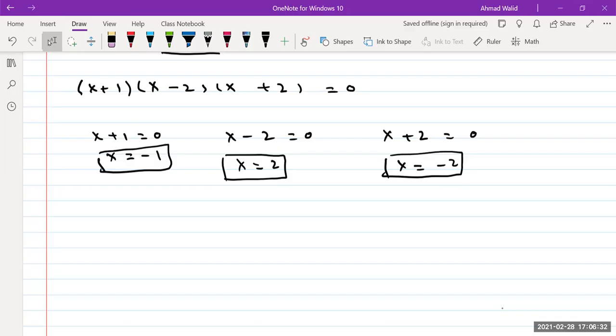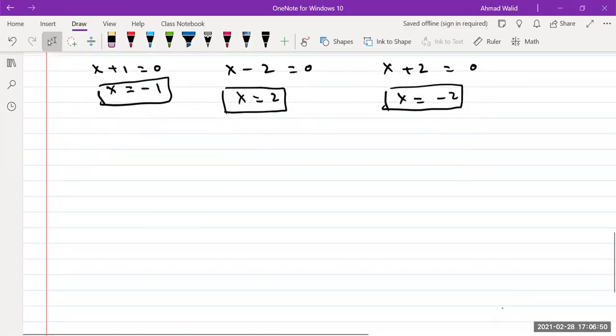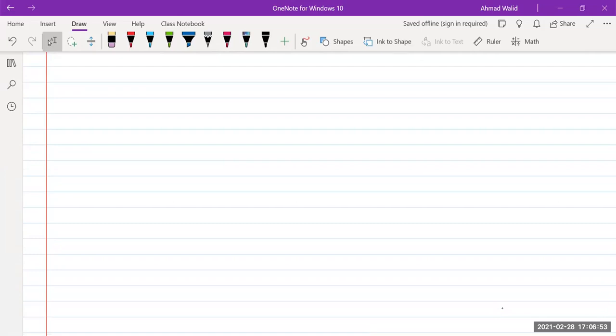This was about polynomial equations that you were using only which method? Factoring method to solve those equations. Correct? The second type of equations that I want to cover here is solving radical equations.